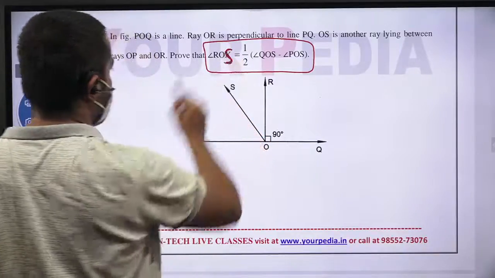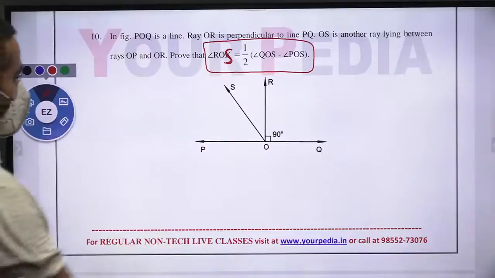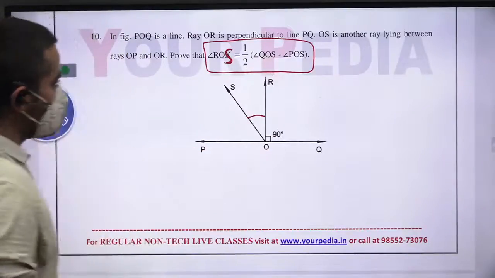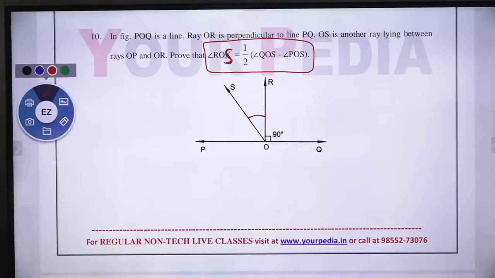So this is angle ROS. So this angle we need to find out in terms of QOS and POS.